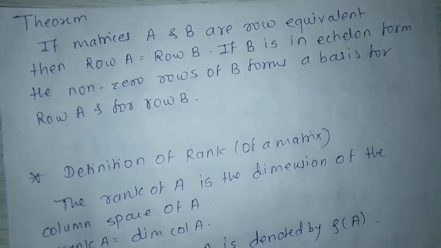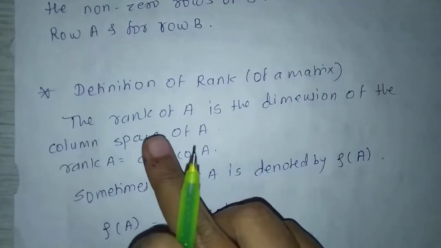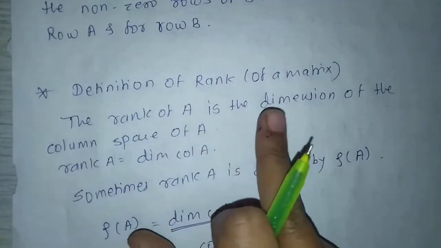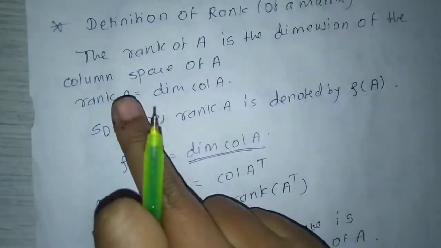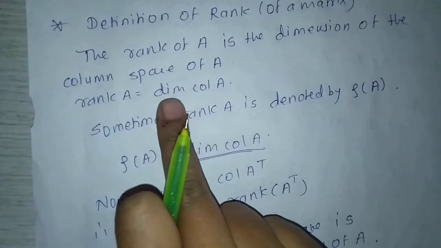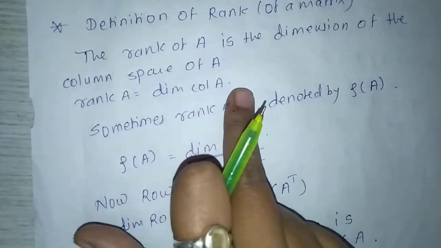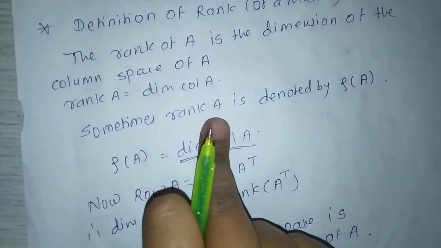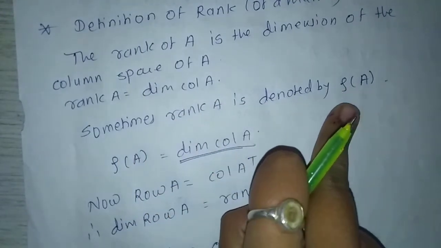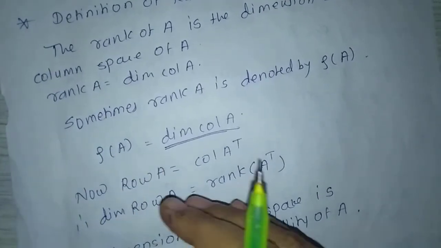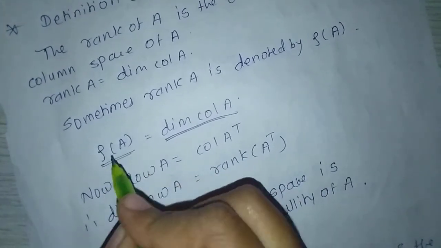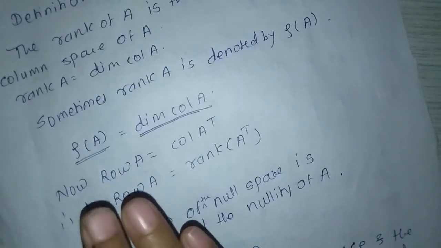Next, definition of rank of a matrix. The rank of A is the dimension of the column space of A. Meaning rank of A equals dim Col A. Sometimes rank of A is denoted by rho of A. Rho of A means dimension of column space of A. This is the important remark.